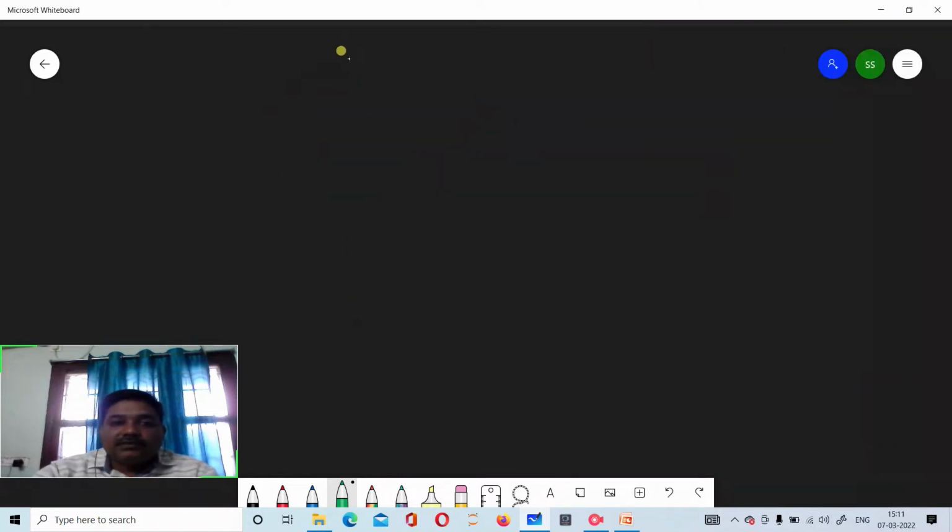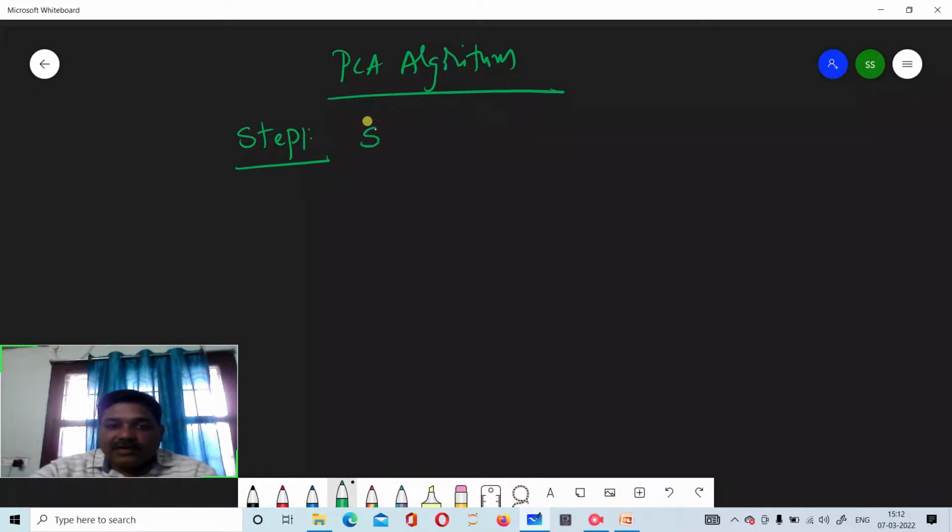We'll look at the first PCA algorithm. Nearly 4 steps are involved, but these are manual steps; in programming a single step is enough. First, we standardize the data. That is the S matrix.